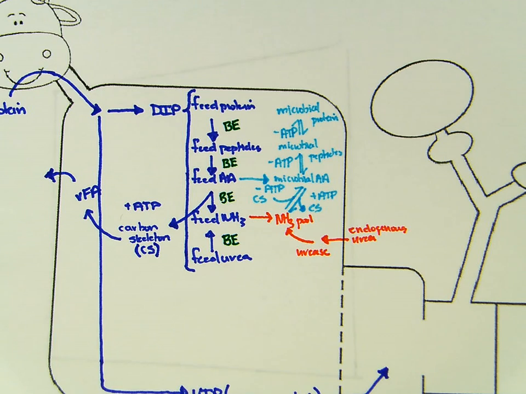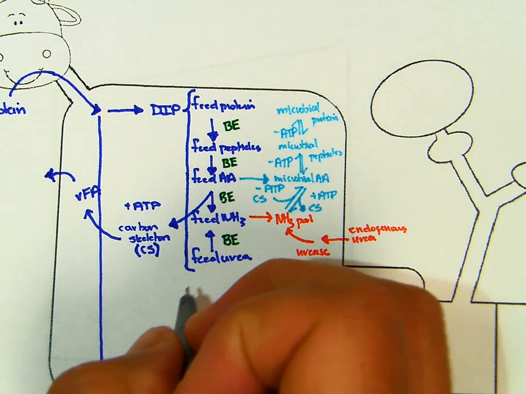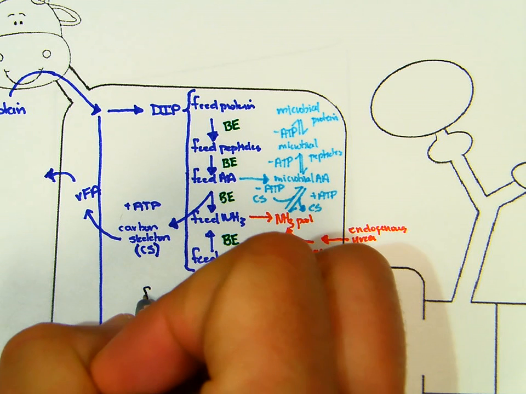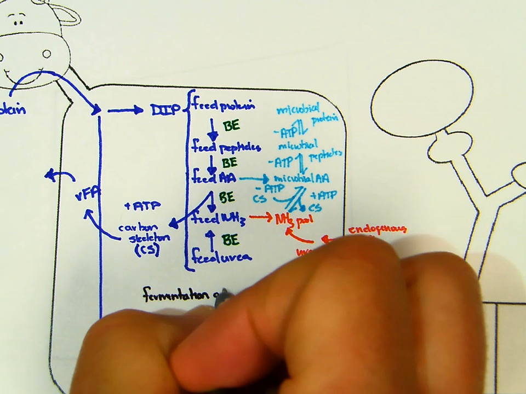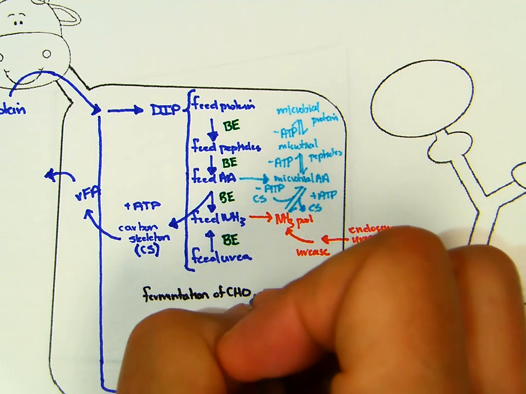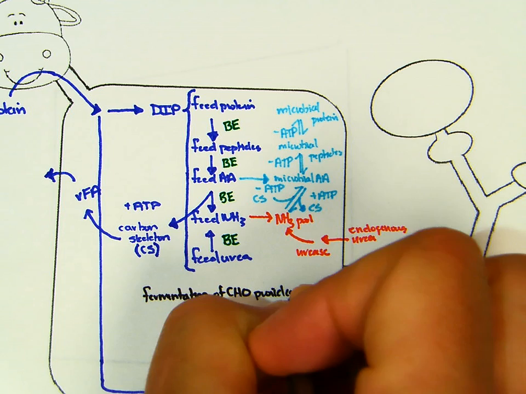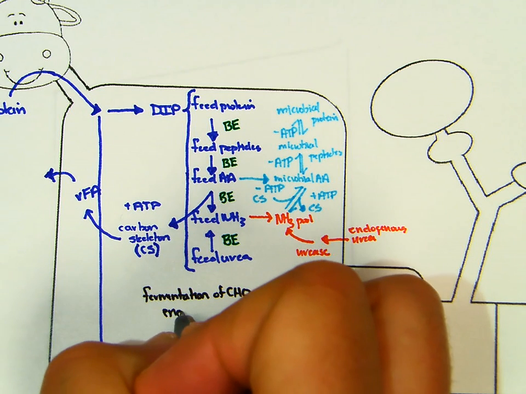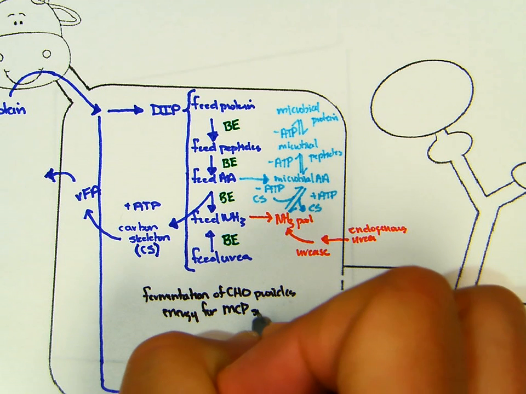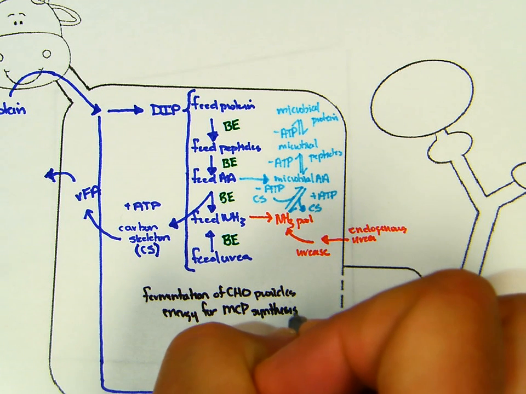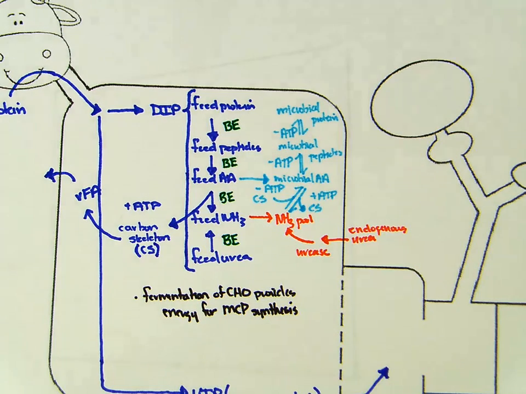Okay, and we really want this energy for the synthesis of microbial protein to come from fermentation of carbohydrates. So down here in the rumen we'll write fermentation of carbohydrates provides energy for MCP synthesis, or microbial crude protein synthesis.